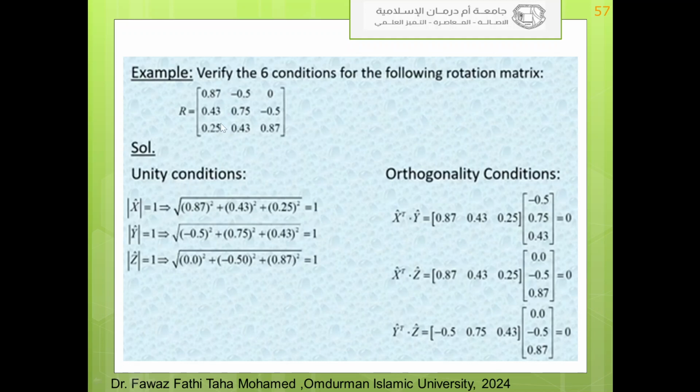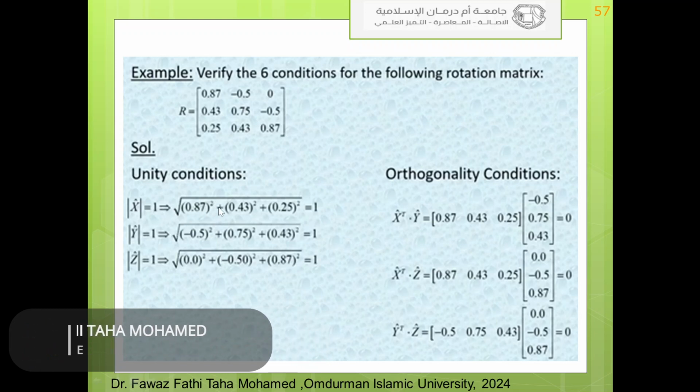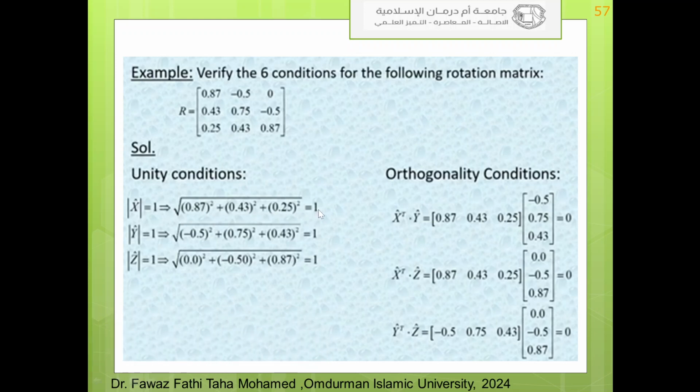If we take any vector here and take the square root of the summation of the square of each element, we obtain 1, the norm or amplitude of the vector equal to 1.